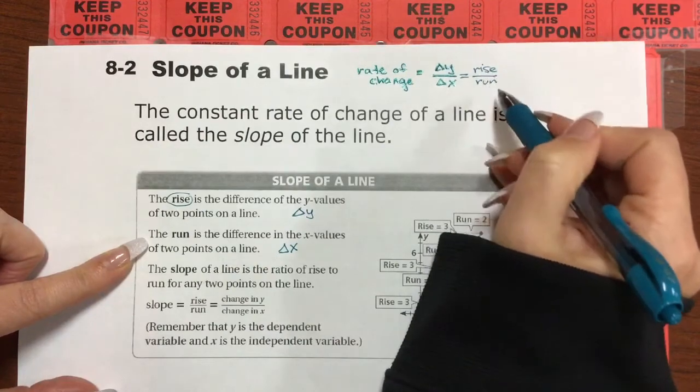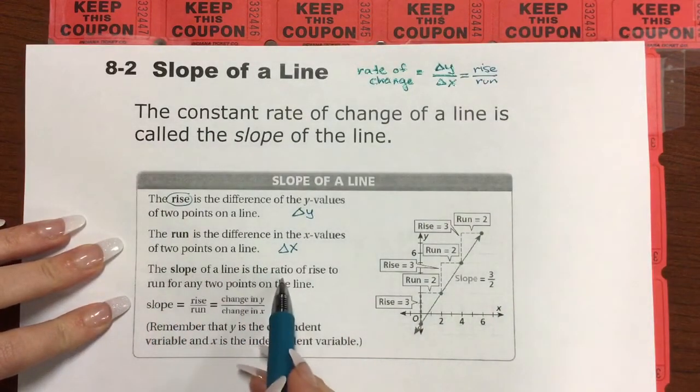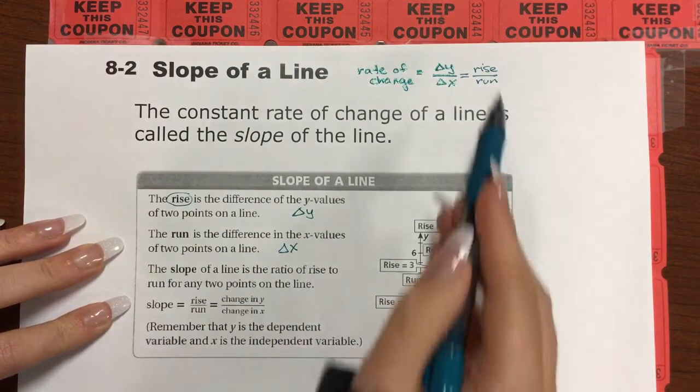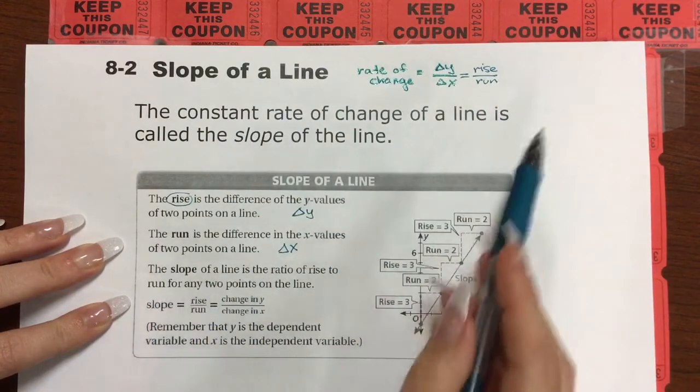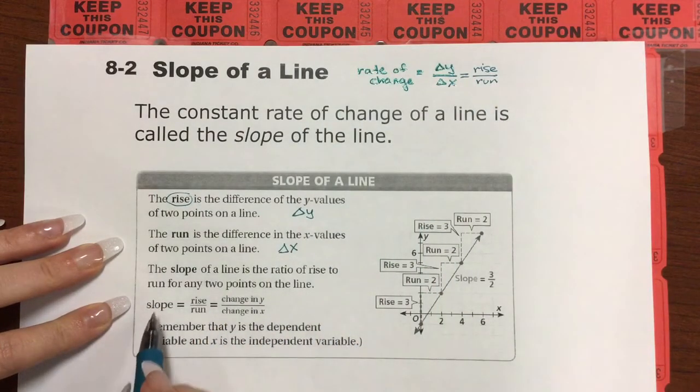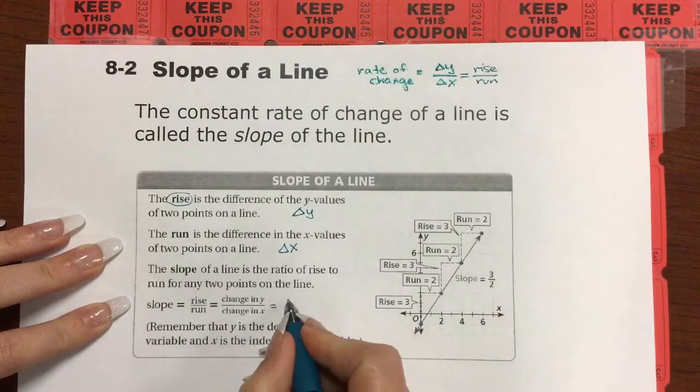So we have the rise over the run, and that's really the slope. The slope of the line is the ratio, which means we're dealing with a fraction, of the rise, which is on top, to the run for any 2 points on the line. So the slope is equal to the rise over the run, which is equal to the change in y over the change in x, which we talked about before.